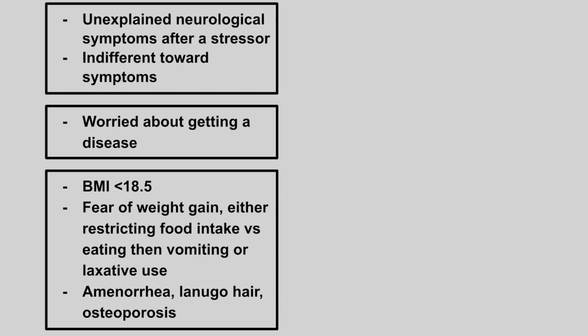Next, we have a patient with unexplained neurological symptoms after a stressor, and oftentimes these patients are indifferent towards the symptoms. This is conversion disorder. And remember, patients can have things like blindness, and it would be an alarming symptom to most, but in conversion disorder, they experience something called labile indifference, which is what I mentioned here about being indifferent towards the symptoms that sound pretty serious.